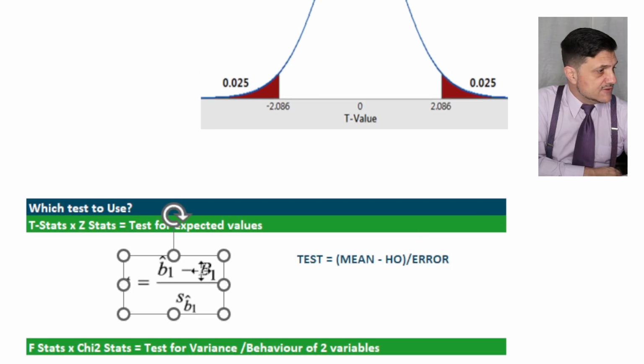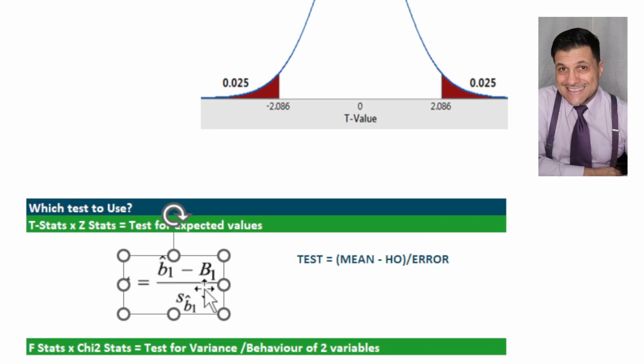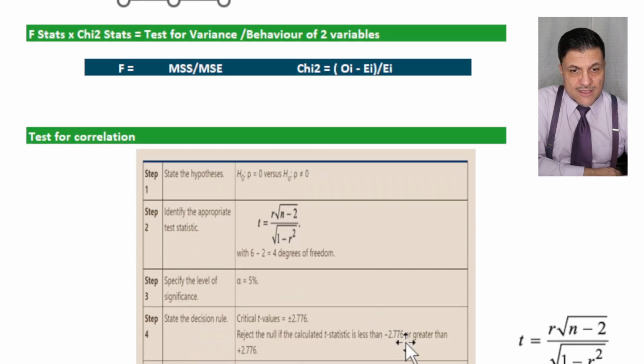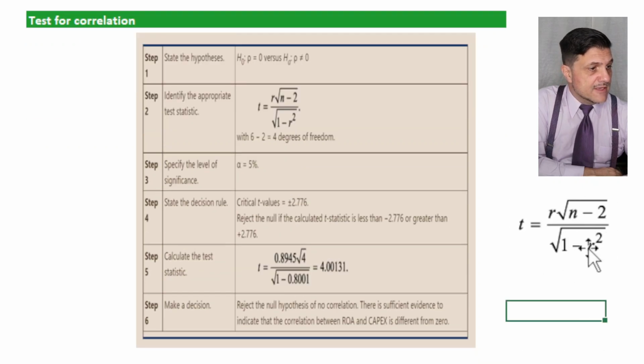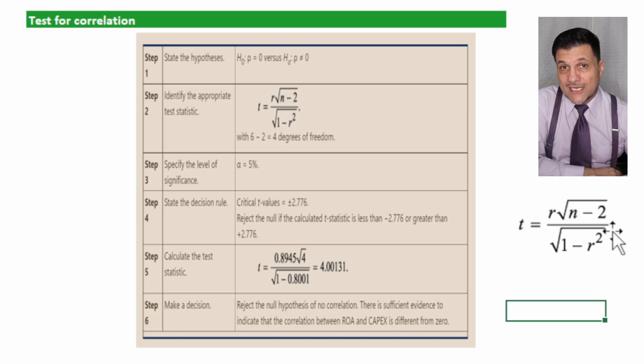That formula is the t-stat for the expected value hypothesis testing. Now, this t-stat here, the test statistic, is this formula here if you're doing a test for correlation, okay? So it's important to observe that difference.